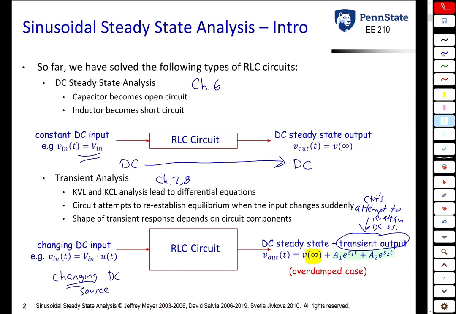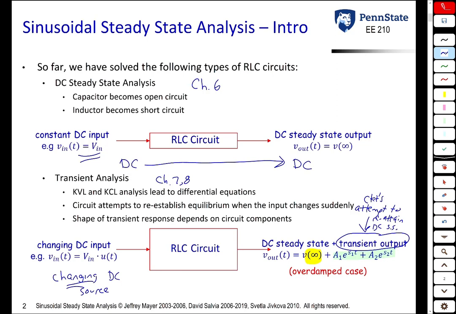And of course, the transient response, if it's first order, is always a decaying exponential. If it's second order, it could be two decaying exponentials or a decaying sinusoid, or in the case of critically damped, a decaying exponential plus a decaying exponential multiplied by t.